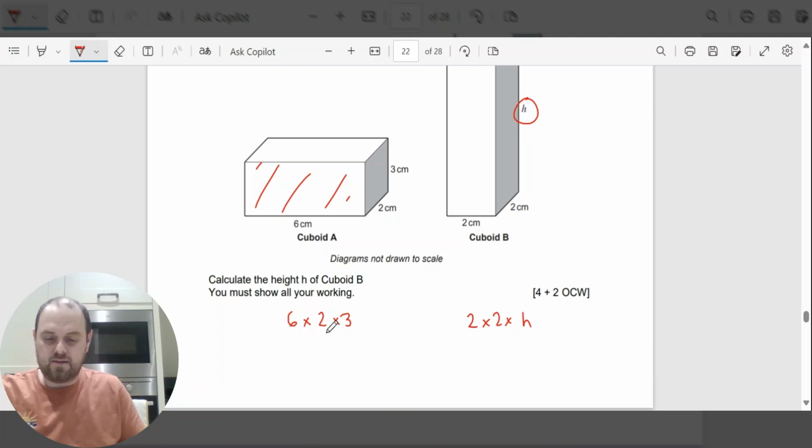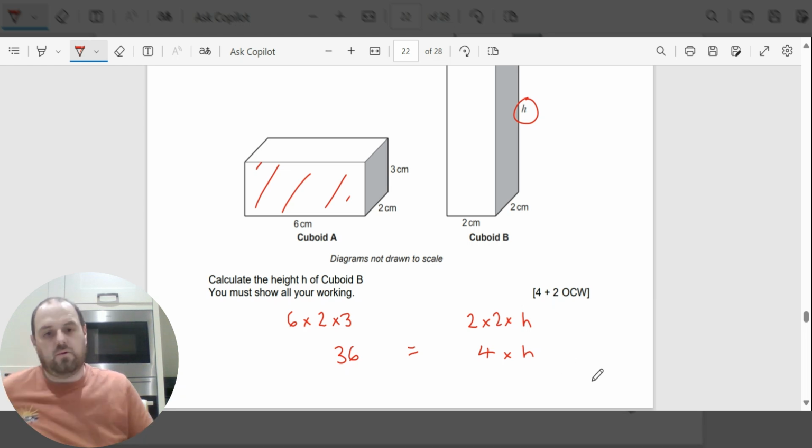Well, 6 times 2 is 12. 12 times 3 is 36, equals 2 times 2 is 4. What does the height need to be so that this is also 36? So 36 divided by 4, so H needs to be 9.